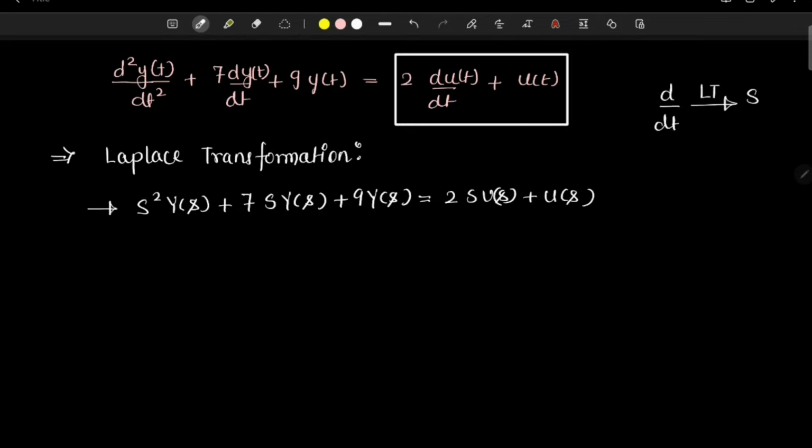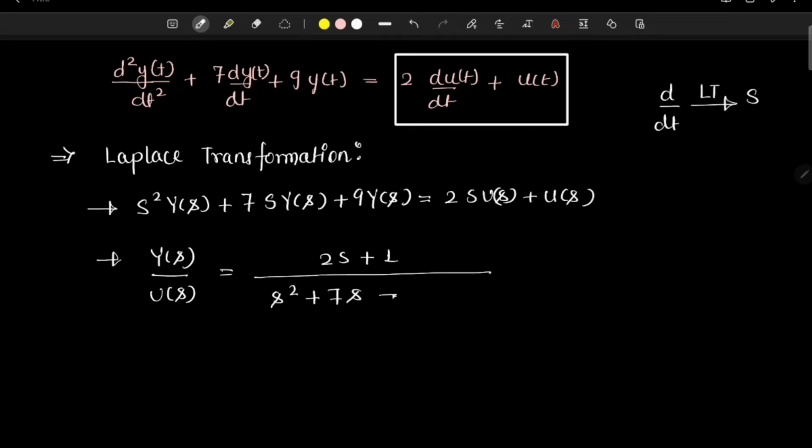Can we write this equation in terms of y of s by u of s? So what is y of s by u of s? This will be 2s plus 1 divided by s square plus 7s plus 9.